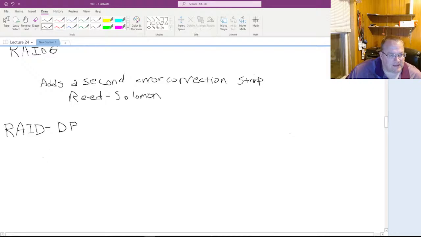So let's letter our drives A, B, C, and D. And then P for parity. And Q for our second parity.